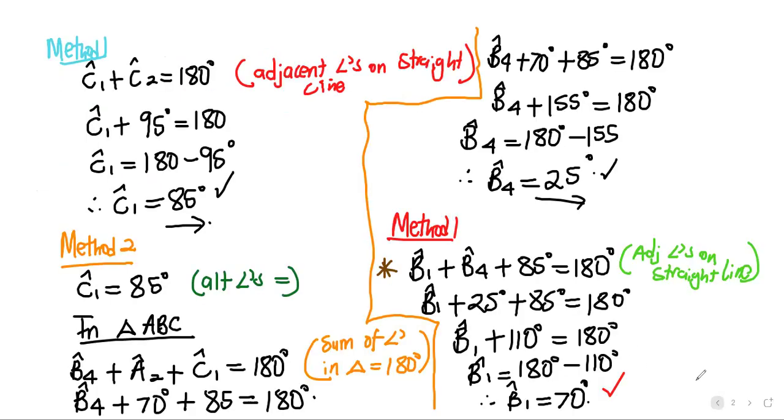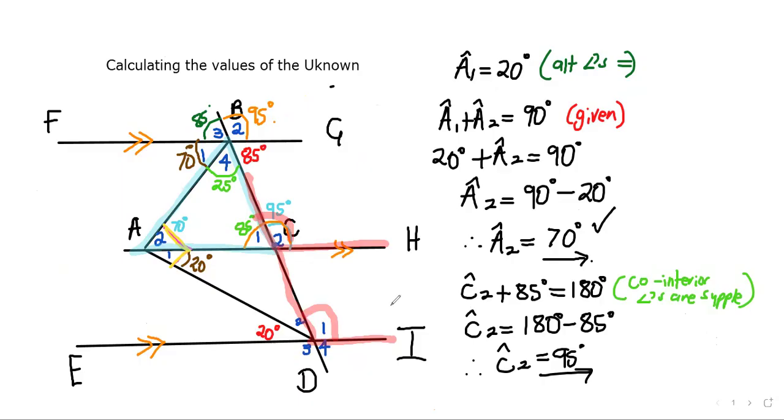And then after getting that 95 degrees, let me erase. Then you go there on the diagram. You can consider writing it if you want. So here we know that this is going to be 95 degrees. And then you can calculate the size of angle D2 using sum of angles on a straight line.